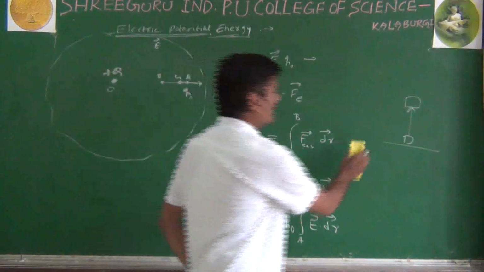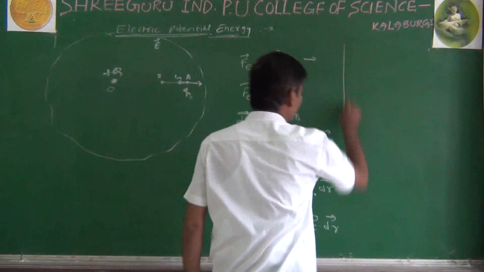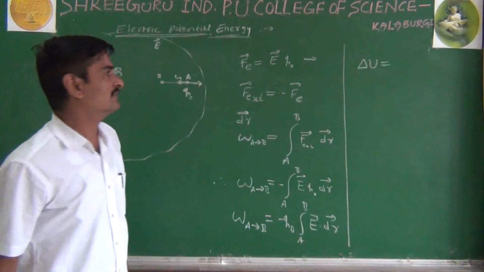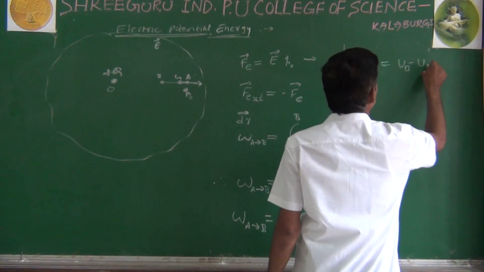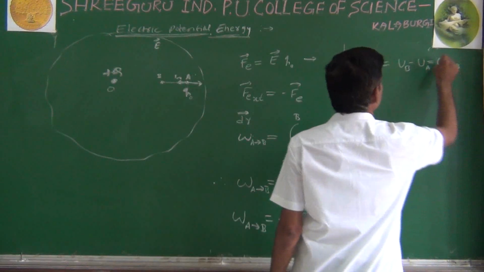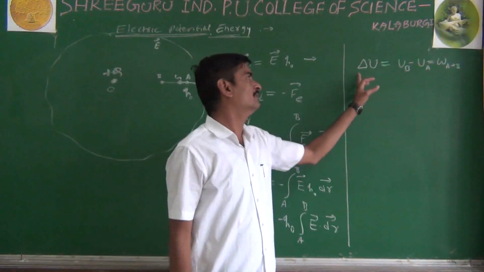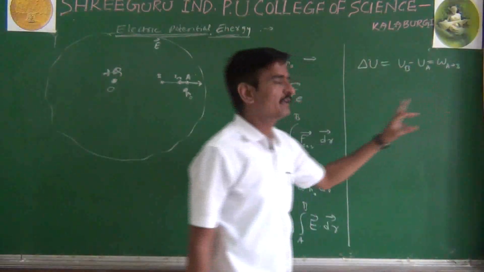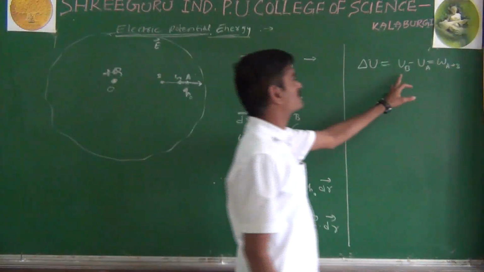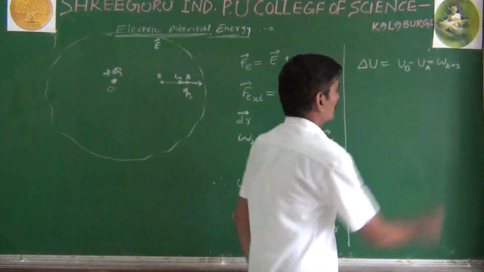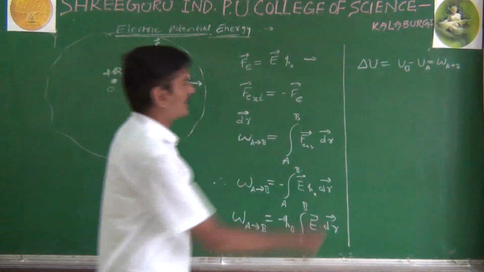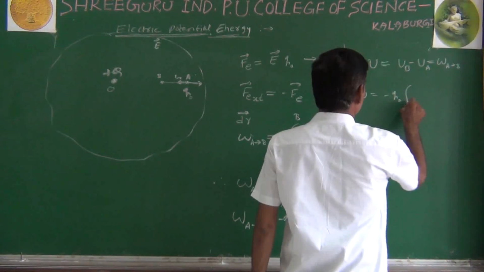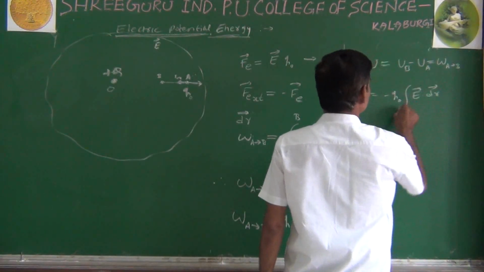So this work done is the same as the electric potential energy difference, which I will write as delta U. So delta U, that is UB minus UA, is the same as the work done in moving the test charge from A to B, W A to B. Therefore delta U is equal to minus Q naught integration of vector E dot dr from A to B.